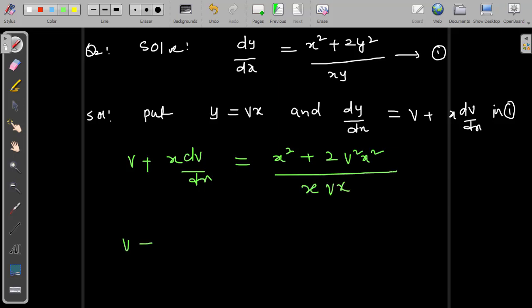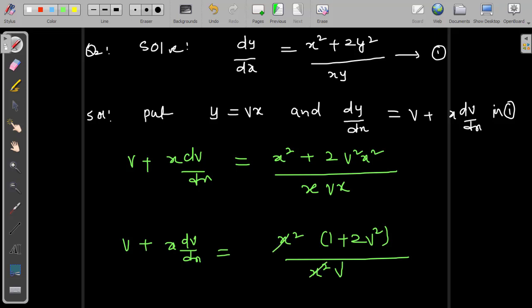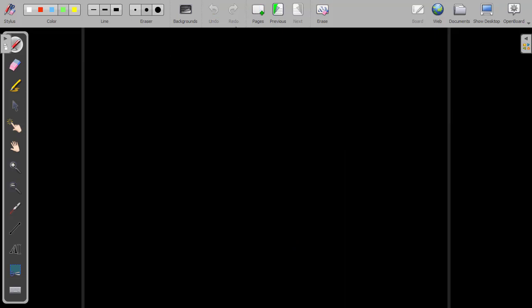The next step: v plus x times dv by dx equals, on the right side, x square common, you are left with 1 plus 2 times v square over x square times v. So x square cancels out. Now the next step, I will be writing on the next page: x times dv by dx is equal to 1 plus 2 times v square divided by v, again minus v.